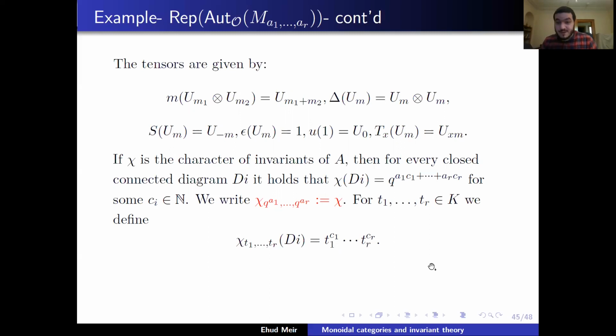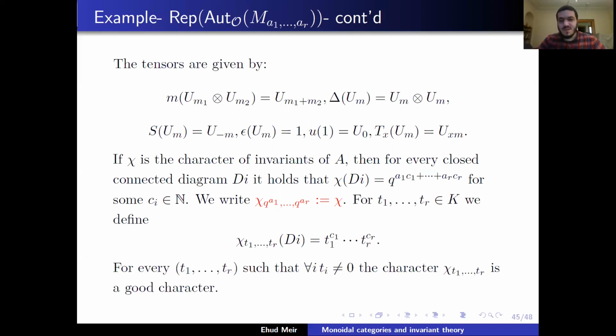Okay, so in this way, we move from only integer powers of Q to just general complex numbers or elements of K, if we want to work with a more general field. And then what I showed is that for every T1 up to TR that are all different from 0, the character Chi T1 up to TR is in fact a good character.